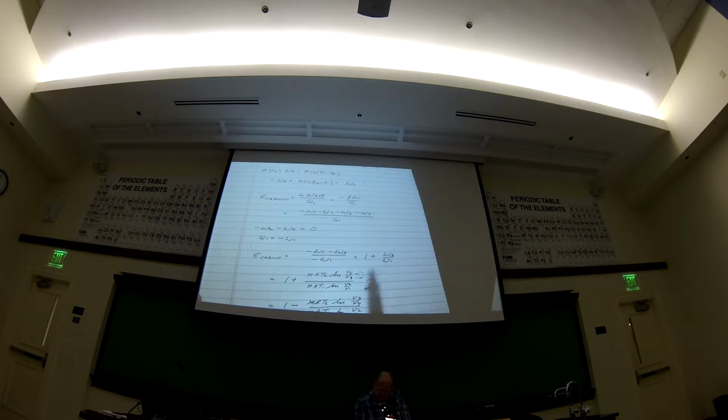So 1 plus W3 over W1, where W3 was nRT2 ln of V4 over V3, and W1 was nRT1 ln of V2 over V1. And I have rewritten this down here by flipping the 4 and 3 around. That just changed the sign of that logarithm, so I start with a minus sign. I did it that way because we get 1 minus T2 over T1.